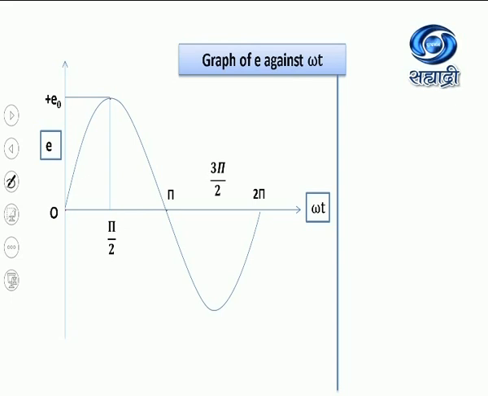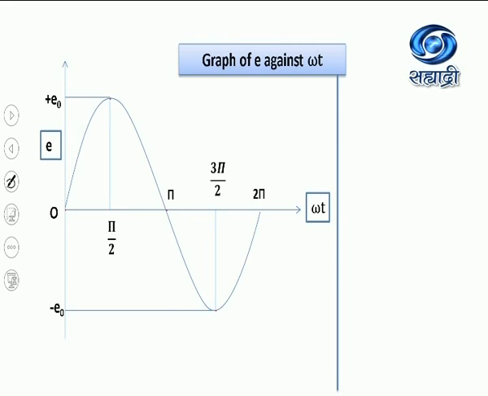When the phase is pi, EMF reaches 0 value. When the phase is 3 pi by 2, EMF is also at peak value, but in the opposite direction, and we represent it by minus E naught. So whether it is plus E naught or minus E naught, it is a maximum value of the EMF. The plus and minus signs indicate only that the induced EMF changes its direction.